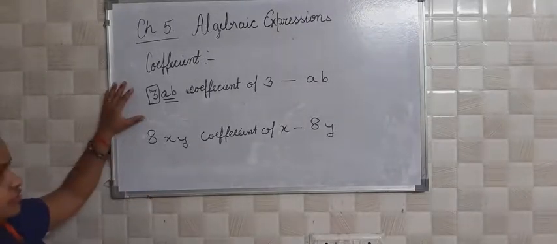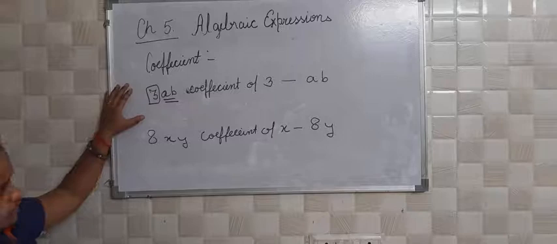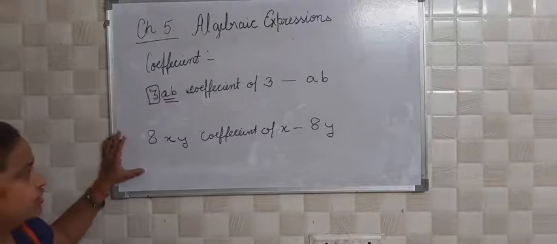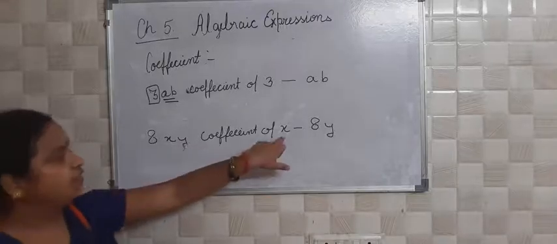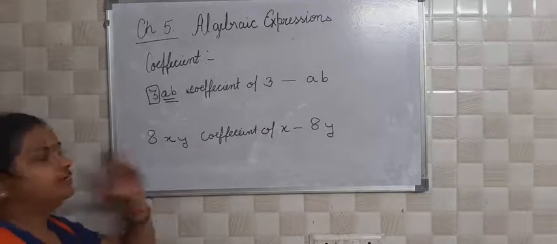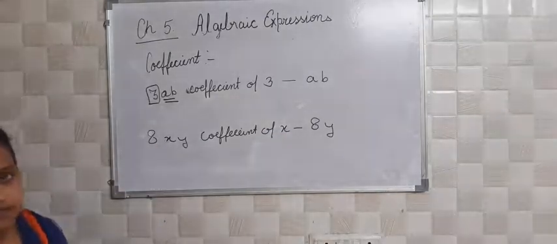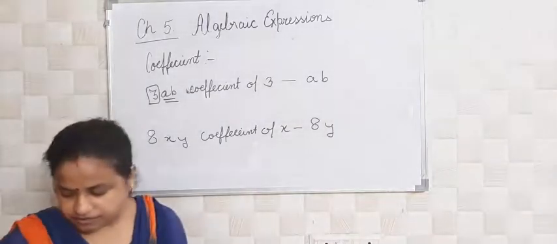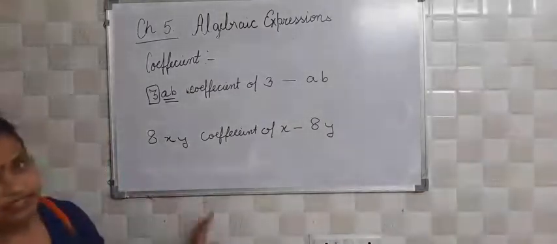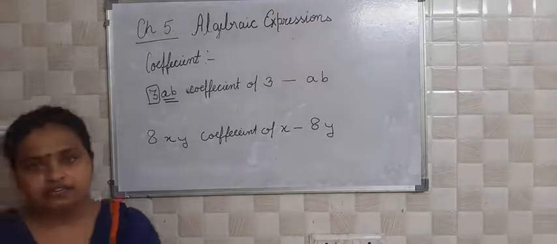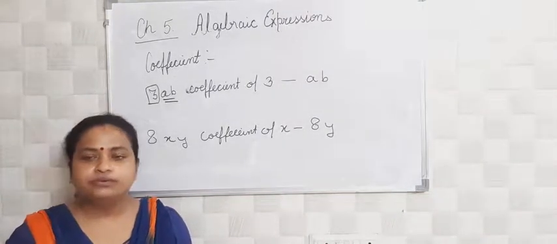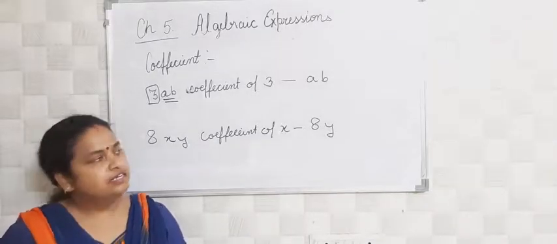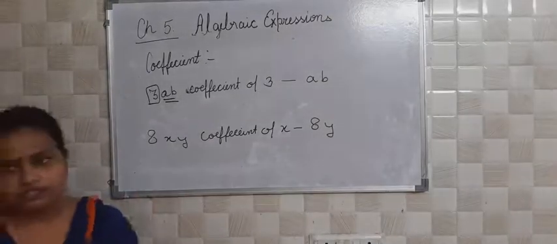Here the coefficient of 3 is A and B. Here the coefficient of x is 8 and y, because after leaving x, 8 and y remain. Okay. Till now is it clear to you? Is there any confusion? If there is any confusion, you can freely clarify your doubts.